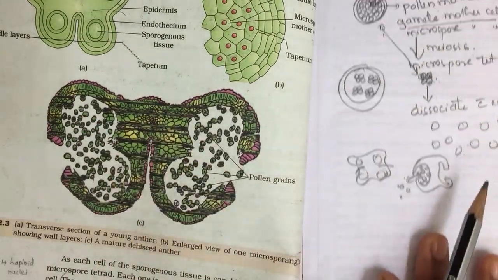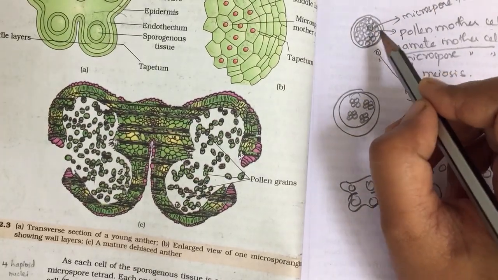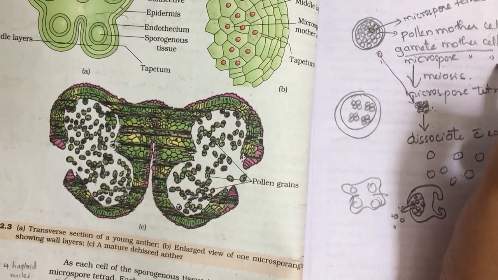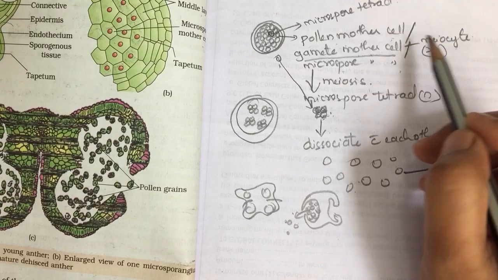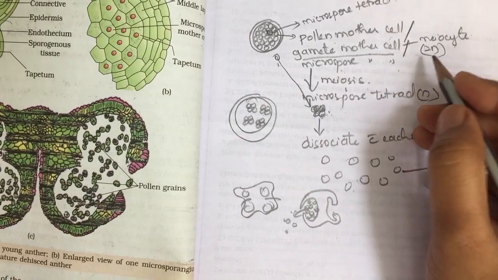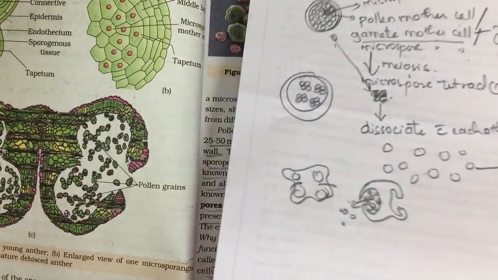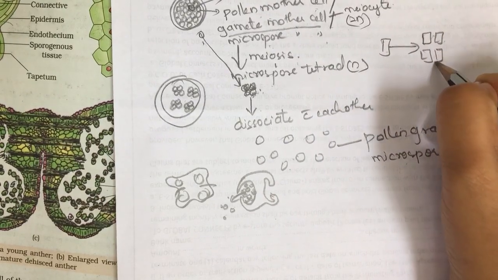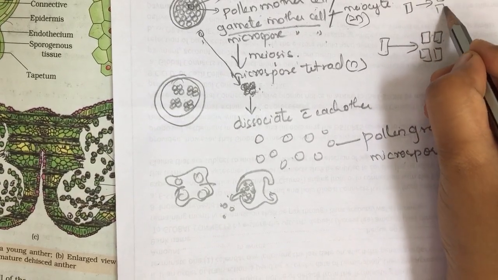Once again, let us go through an overview of it. Each sporogenous tissue, as the anther matures, will get converted into a pollen mother cell or microspore mother cell. These pollen mother cells are diploid because they are meiocytes, or gamete mother cells. They will undergo meiosis to produce a microspore tetrad, because as you know, when one cell completes meiosis, it produces 4 daughter cells, whereas in mitosis, when one cell completes mitosis, it produces 2 daughter cells.